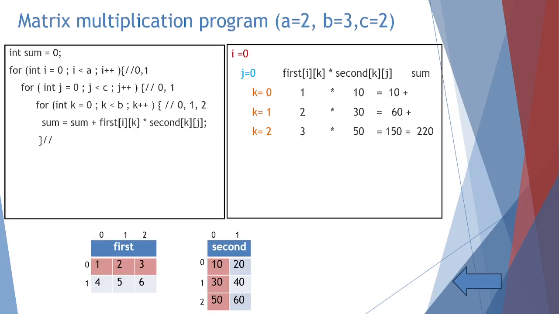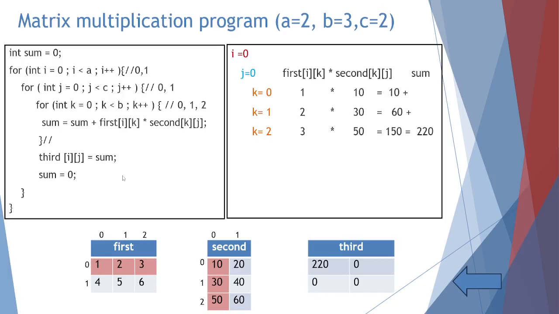That is 1 multiplied by 10, 2 multiplied by 30, 3 multiplied by 50, and keeps on adding in sum in the innermost for loop. The sum is 220. So this 220, where do we write? In third of ij. I is 0, j is 0, 0, 0 area.